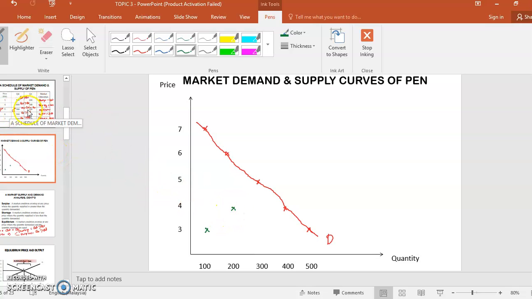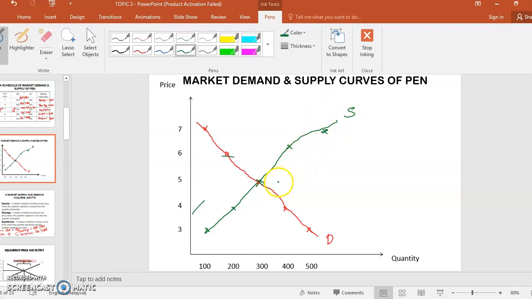At 5 ringgit, quantity supplied is 300. At 6 ringgit, quantity supplied is 400. Actually dia dapat garis yang lurus, sebab saya tak pakai ruler ni jadi bengkok sikit. And last at 7 ringgit, quantity supplied is 500. So you just combine all these points. So this is supply curve.